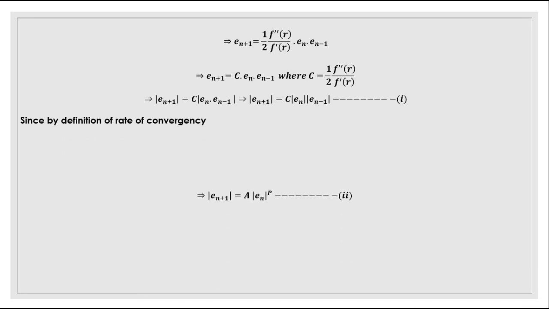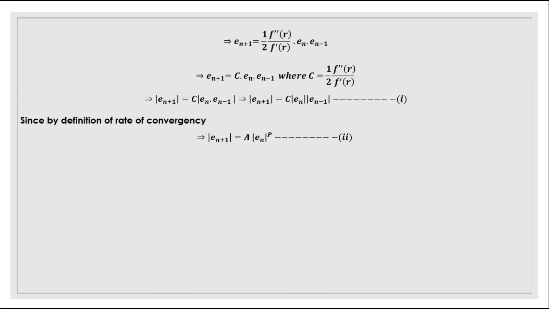Now, by the definition of the rate of convergence, if the order of convergence of an iterative method is p, then the error in the n plus 1th approximation to the root is equal to a times the absolute value of the error in the nth approximation to the root to the power p.